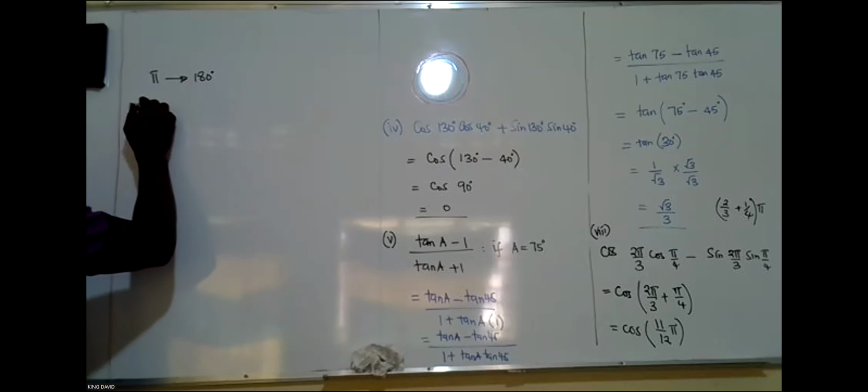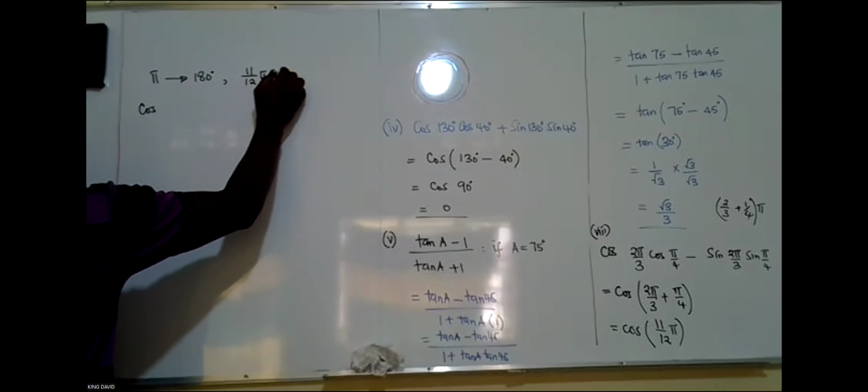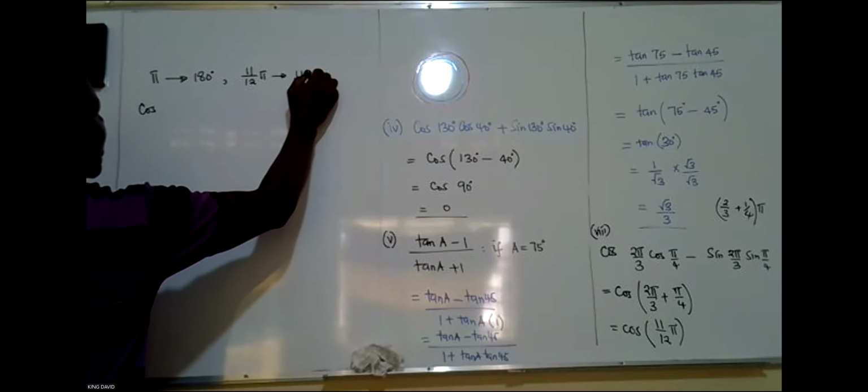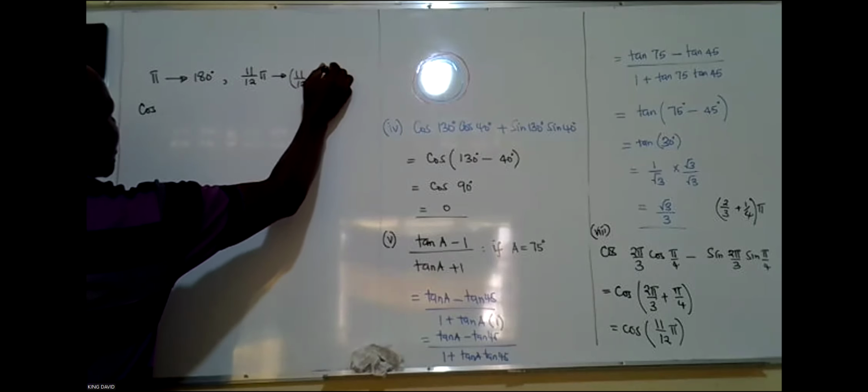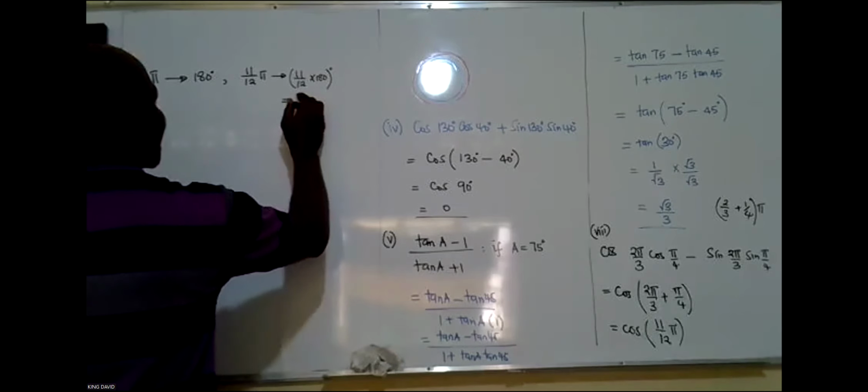So that is the same thing as cos. Now, 11 out of 12 pi would be equivalent to 11 out of 12 times 180. This is now in degrees. What angle is that? 11 out of 12 times 180 is 165.